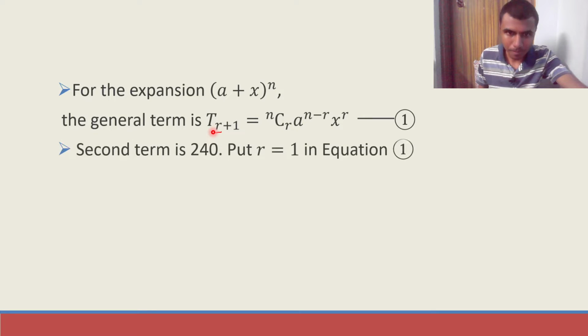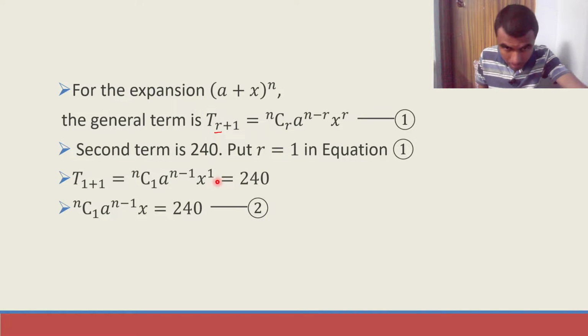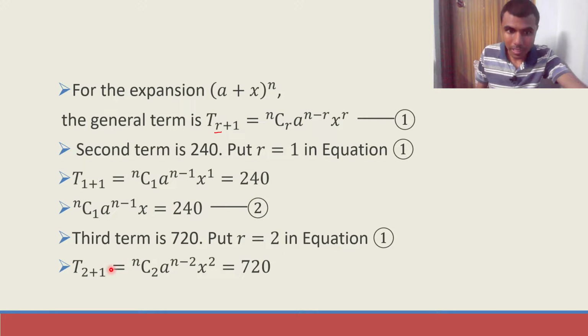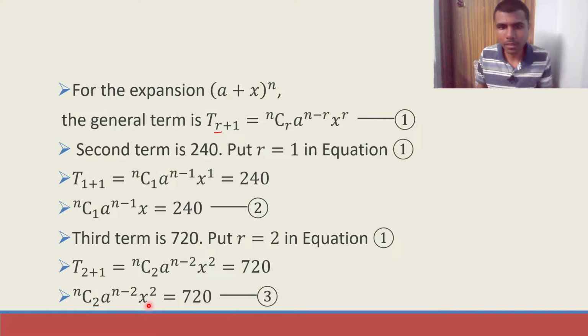Now T(2+1) is nC2 a^(n-2) x^2, which is nothing but 720. I put r as 2 in this. So nC2 a^(n-2) x^2 is equal to 720. Take it as equation 3.